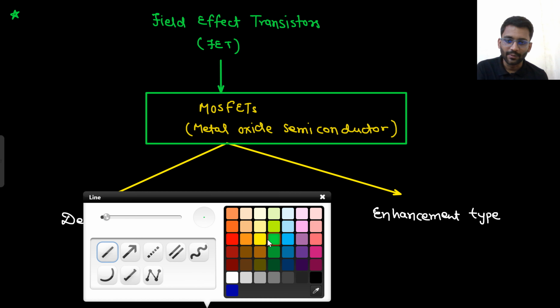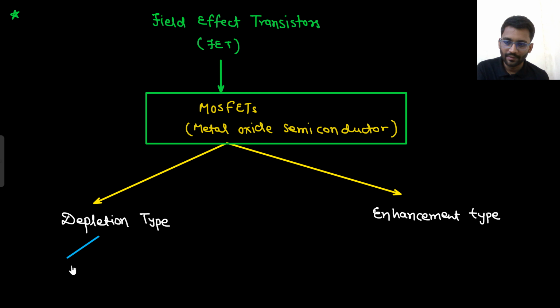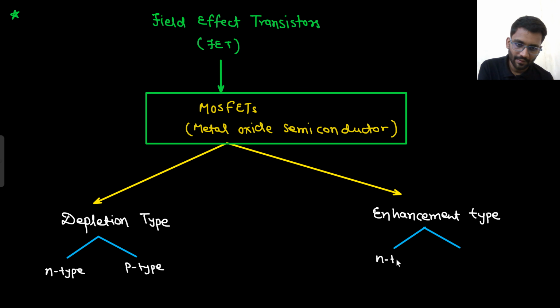And these are classified into two further parts, that is N type and P type.